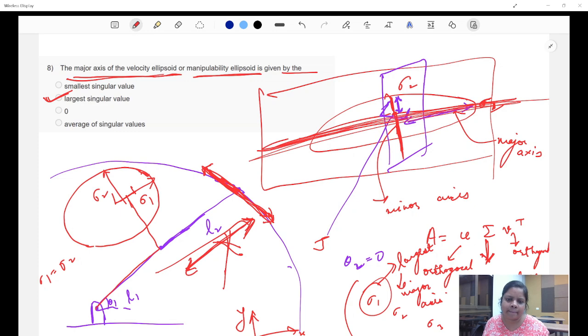My doubt came because in the options, the major axis of a velocity ellipsoid is found by: singular value decomposition of J inverse, singular value decomposition of J, then the third option is determinant of J, and the fourth option is square root of determinant of J J transpose.